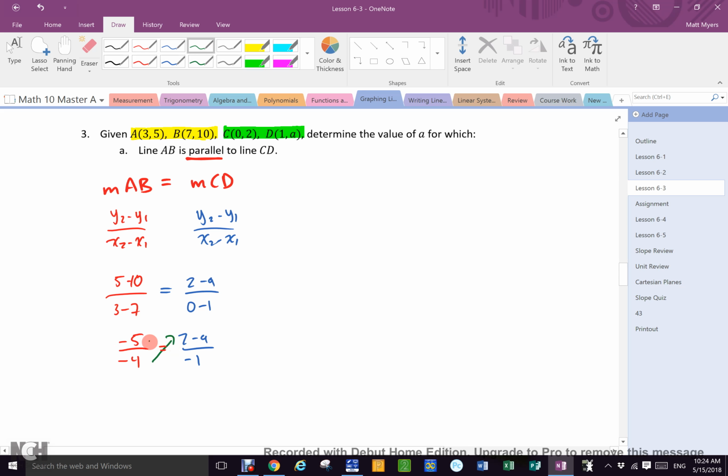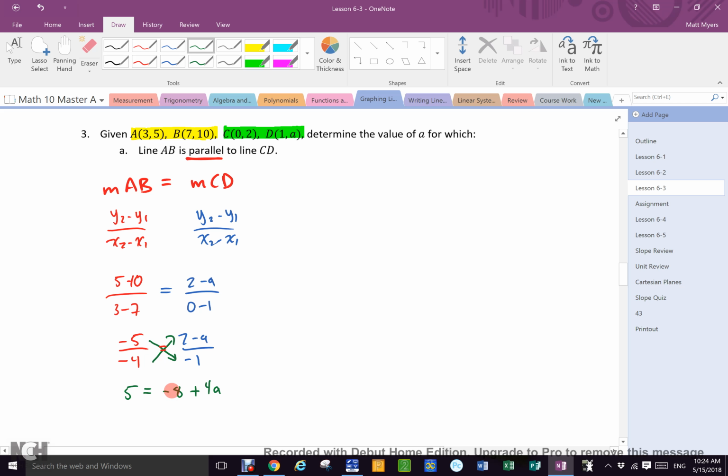Cross it. What's negative 5 times negative 1? Positive 5. What's negative 4 times 2? Negative 8. Minus, what's negative 4 times negative a? Positive 4a.